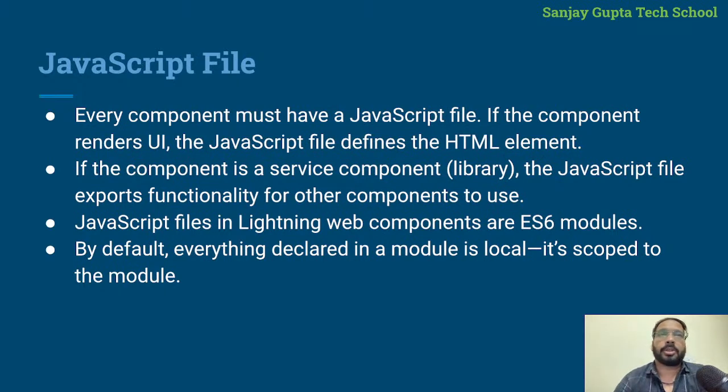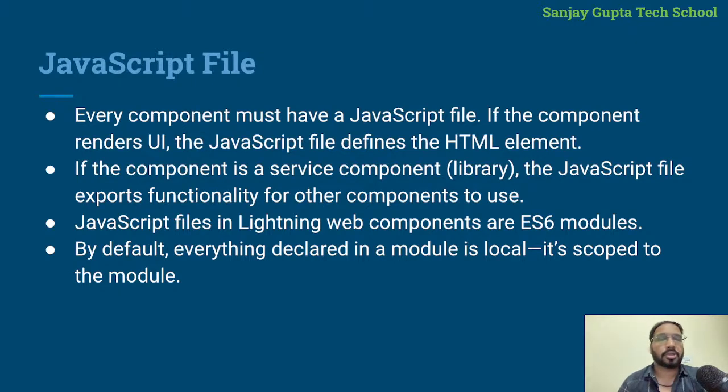You can create a JavaScript file as a service component as well. If you are creating a component as a service or library component, whatever functions you have implemented in the JavaScript file, you can export that functionality to other components, right? Later in this session, I will discuss how we can create additional JavaScript files and how we can export them to other components.